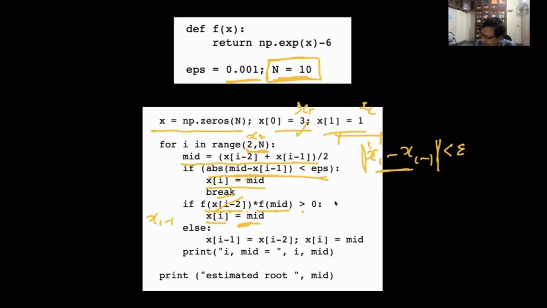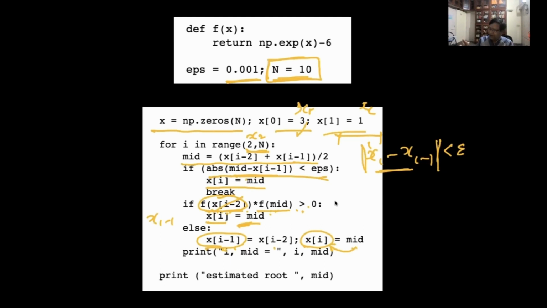Else, if the product is less than 0, they are on opposite sides, so I need to retain xi minus 2: xi minus 1 is replaced by xi minus 2, and xi becomes mid. This makes sure that xi minus 1 is on one side and xi is on the other side.